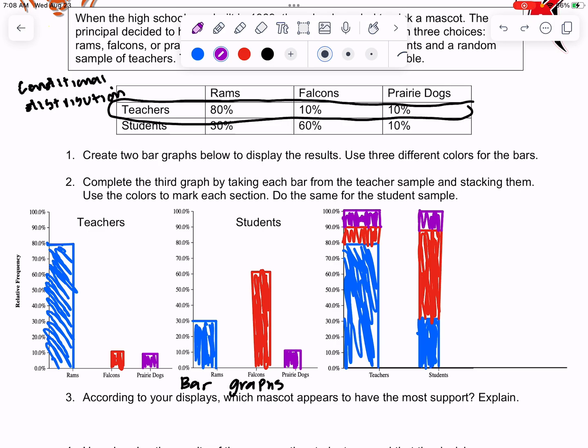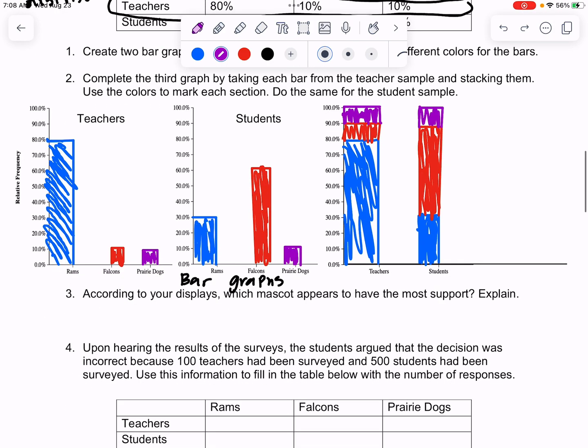Okay, so the first question asks us, according to your display, which mascot appears to have the most support and why? Okay, so if you could imagine stacking both of the blue ones on top of each other, both of the red ones on top of each other, and both of the purple ones on top of each other, that would kind of be like a segmented bar chart of both teachers and students.